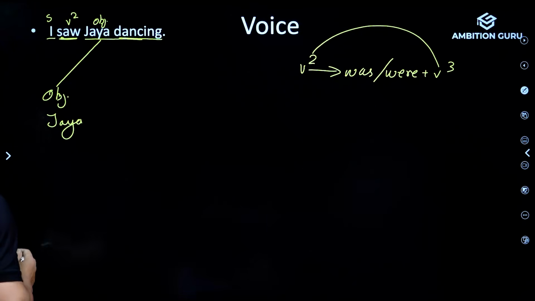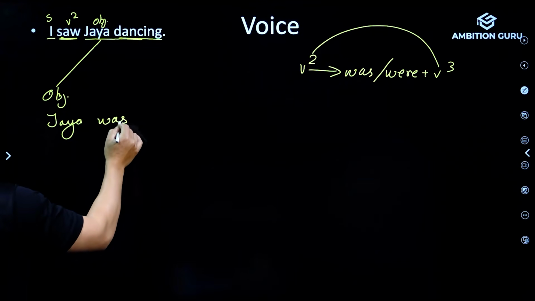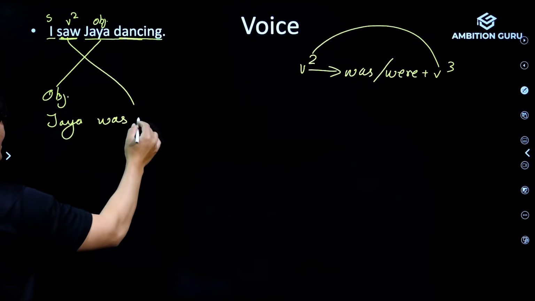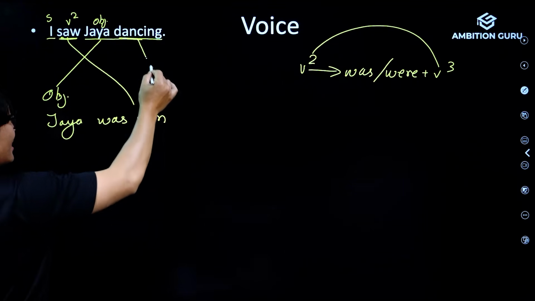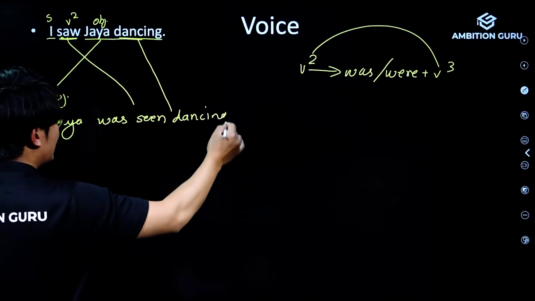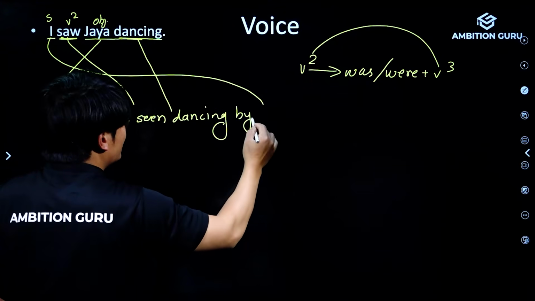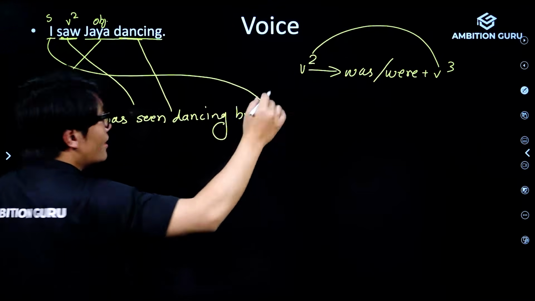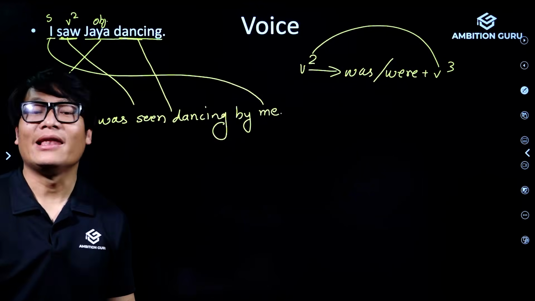So Joya is a singular noun, so it takes was. Joya was. Now saw should be changed into verb 3, and verb 3 is seen. And now we need to write dancing here. Joya was seen dancing, and I should be changed into the object case, that is me. So here is the answer: Joya was seen dancing by me, like that.